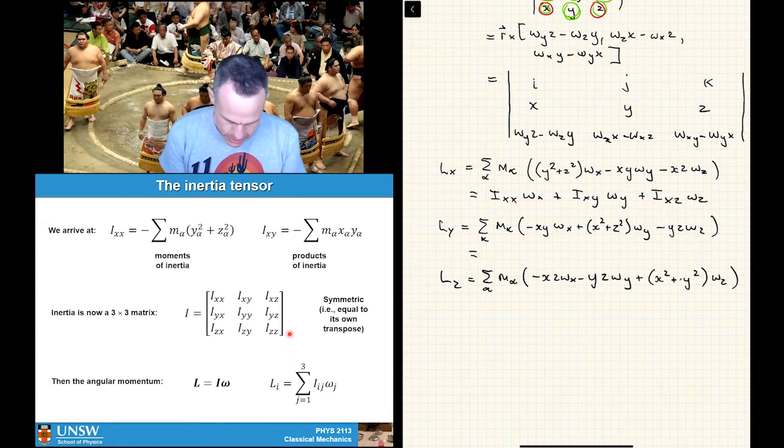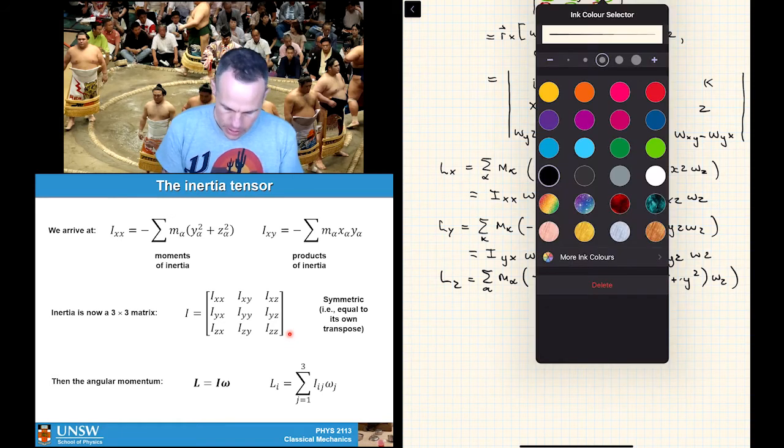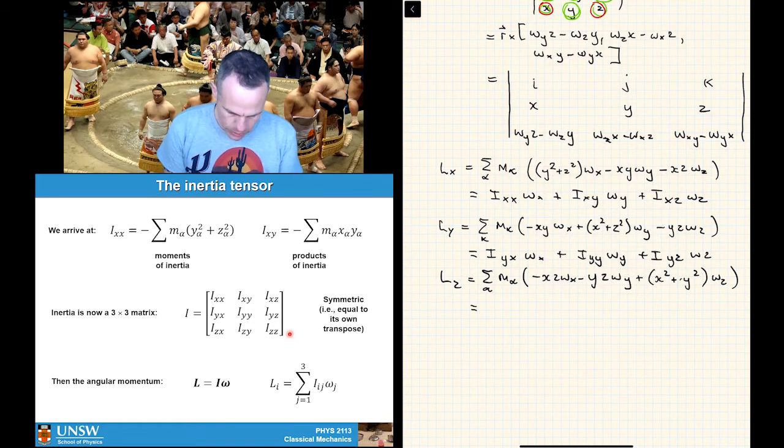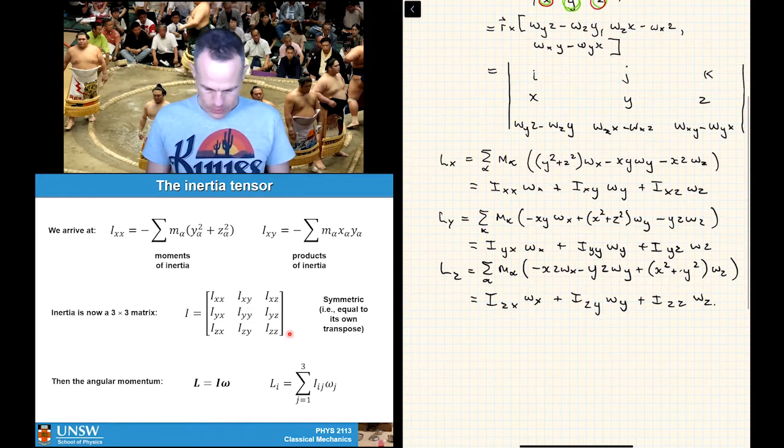And then this here is going to be Iyx omega x plus Iyy omega y plus Iyz omega z. And you can see that the first index is tracking the specific component of angular momentum I'm interested in, and the second one is tracking what component inside that I'm dealing with. And so that's a convention to keep in mind as you work your way through this as well. Z omega z.